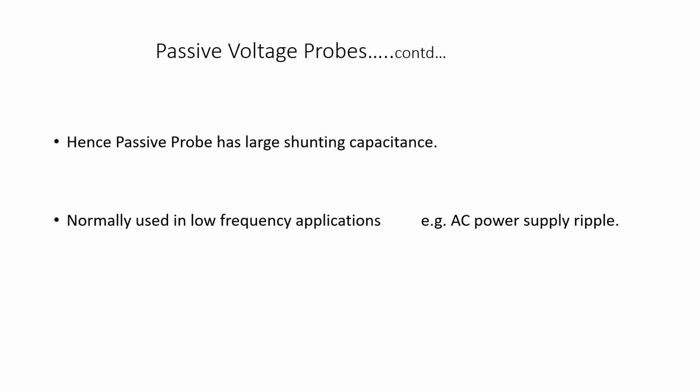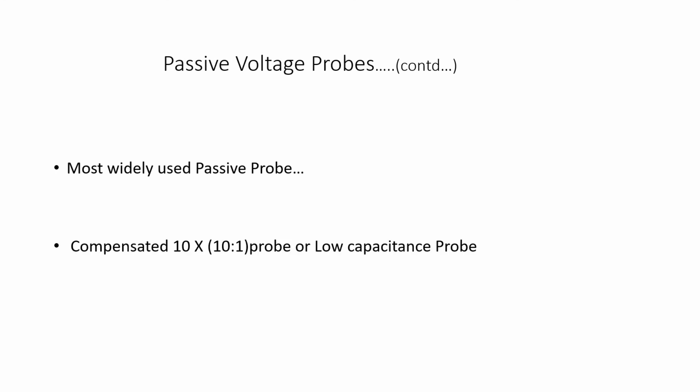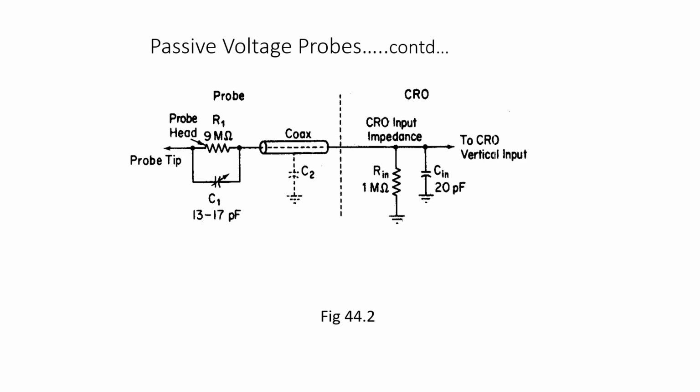Next, the passive probe has large shunting capacitance, so these are normally used in low frequency applications. Passive voltage probes are the most used probes. We also have the 10:1 probe or low capacitance probe. This is the passive voltage probe which has the probe and the CRO part.